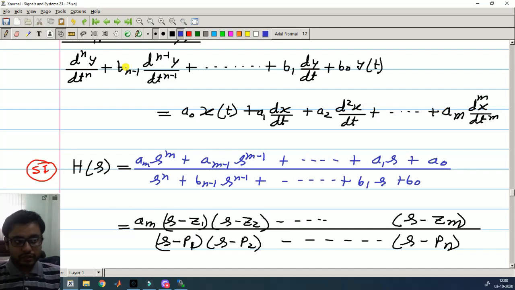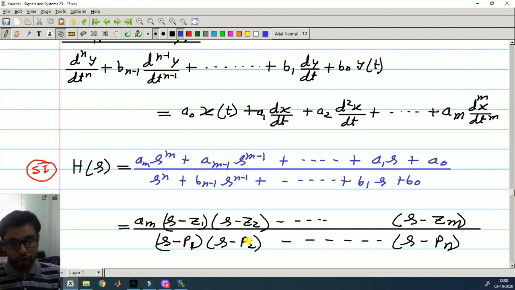So only if these zeros occur in complex conjugate pairs are these coefficients going to be real. Otherwise these coefficients will be complex, and that cannot come from any differential equation which describes a practical real system. The same is true for the denominator.